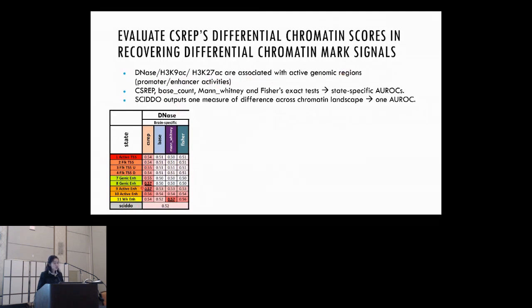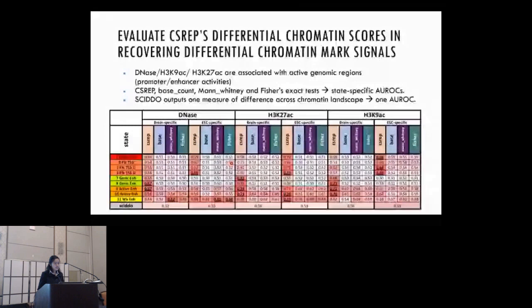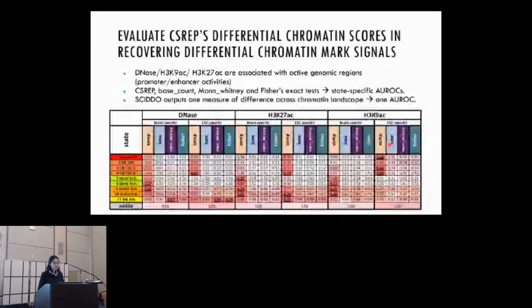So we specifically look at the performance related to promoter or enhancer states. And the top 3 AUROCs are highlighted in bold and underscore. And you can see that CS-REP tends to result in higher AUROC. And this pattern was actually consistently observed across our comparisons.